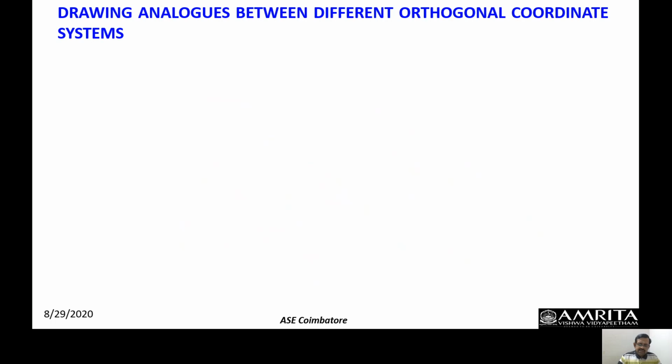Before that, I would like to introduce this generalized coordinate system, curvilinear coordinate system. When I say generalized curvilinear coordinate system, what I mean is, if you look at rectangular coordinate system, all the three axes run linear lengths only, like x distance along x direction, y distance along y direction, and z distance along z axis.